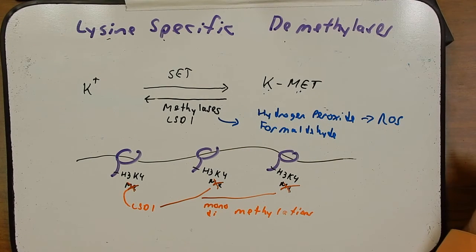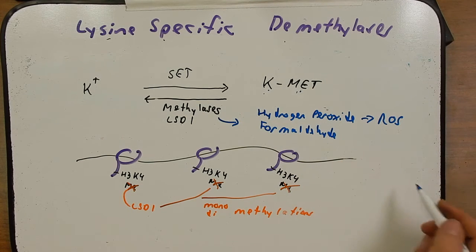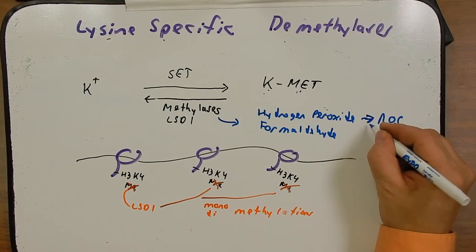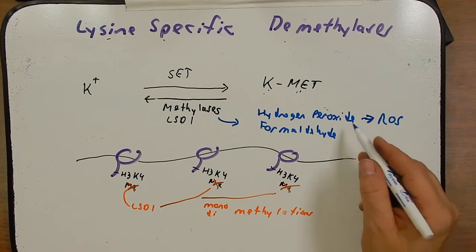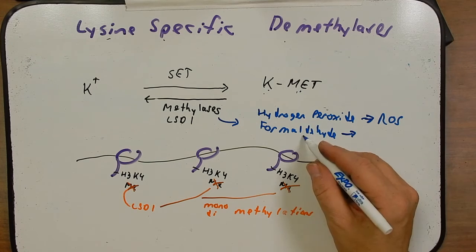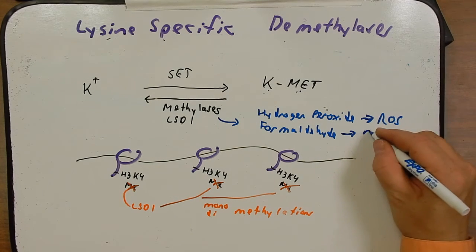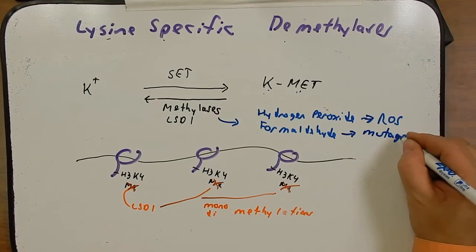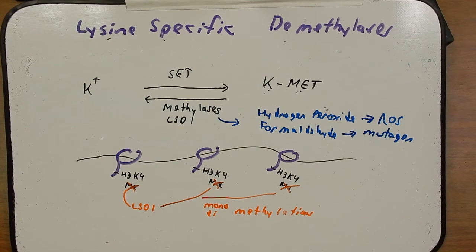As a reactive oxygen species, it can damage DNA, proteins, membranes. It's a very nasty thing to have in the cell. The cell can accommodate that. It can remediate it, but it's still not something you want to have a lot of in the cell. Formaldehyde is a known mutagen. Formaldehyde is known to cause mutations.